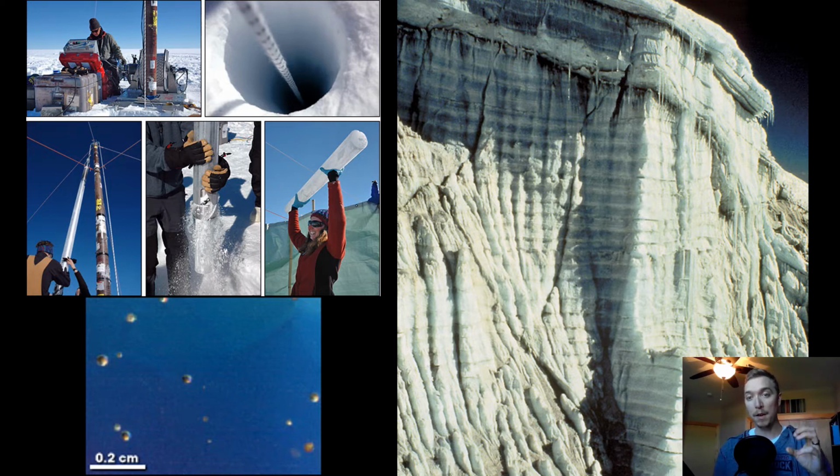And as they really compact, they squeeze out most of the space, and these little bubbles are what's left. You've probably seen ice and it has these little trapped bubbles in it. Well, we're doing that, but we're looking hundreds of years, if not more, into the past.